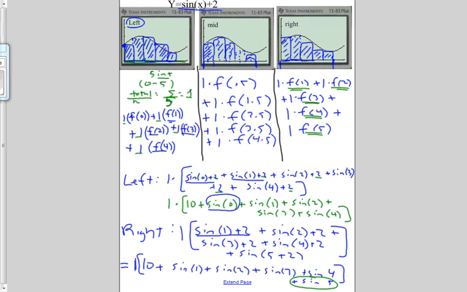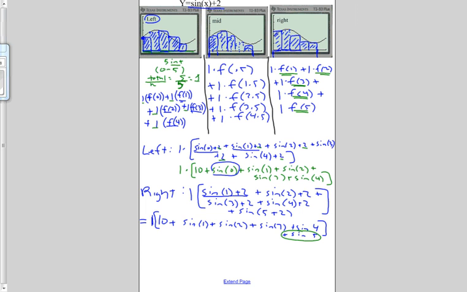So for my midpoint, it's going to be very similar once again. If I write this in a nice way for my midpoint, they all have a width of 1, and you're always going to have the same width, so you can always factor it out. And then f of 0.5 plus f of 1.5, f of 2.5, once again, same as before.